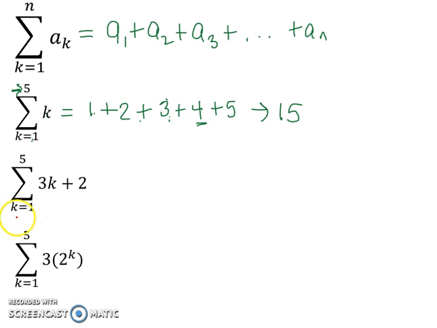Now here we have a little bit more going on, but again, we kept it short. We're only going up to the 5th term.